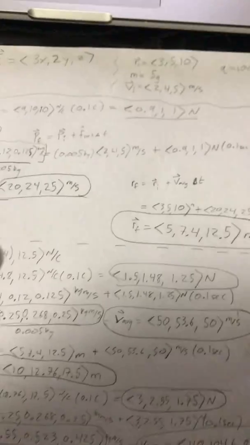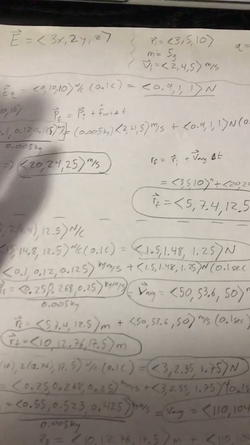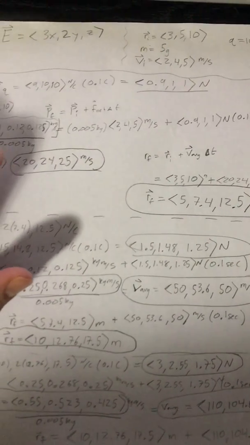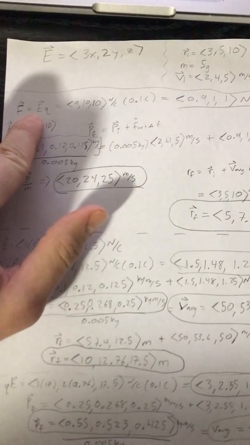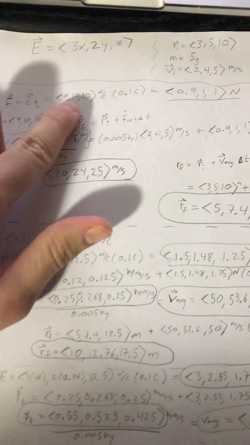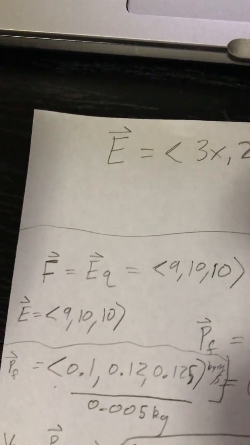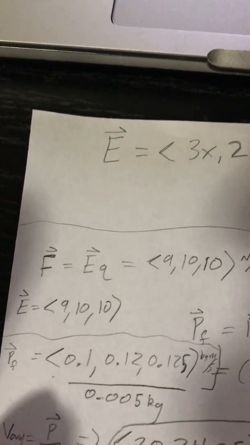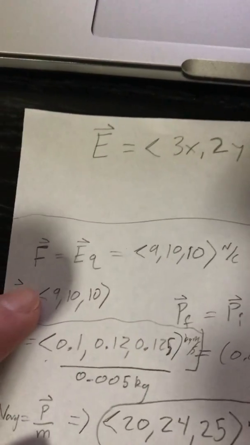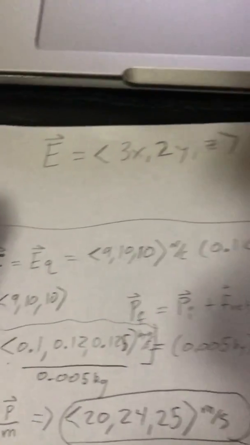So then, to do this, we plug our starting location vector into the equation for our electrical field, and this will give us our vector for the electrical field, which we then multiply by the quanta of the charge to give us the force that is acting upon the particle from the electrical field.